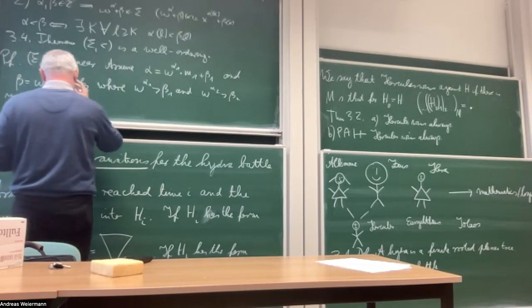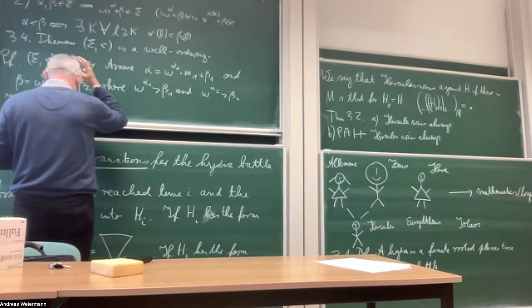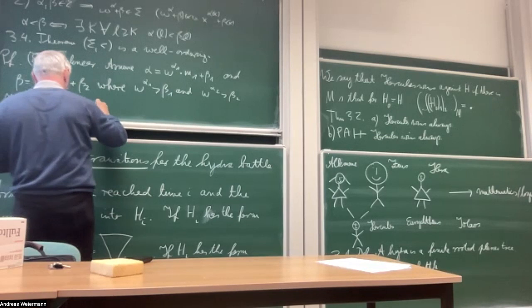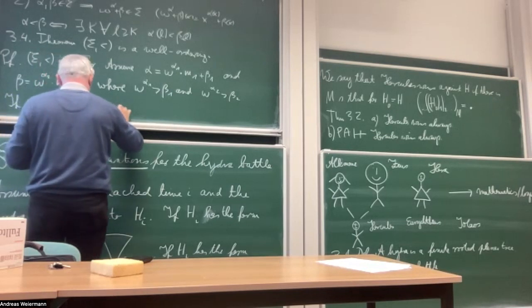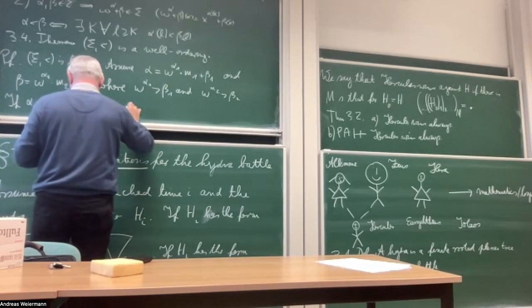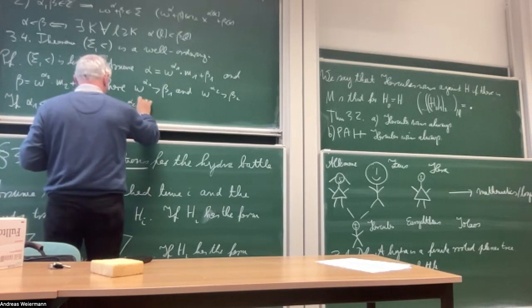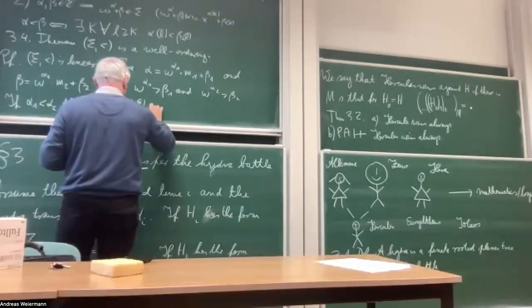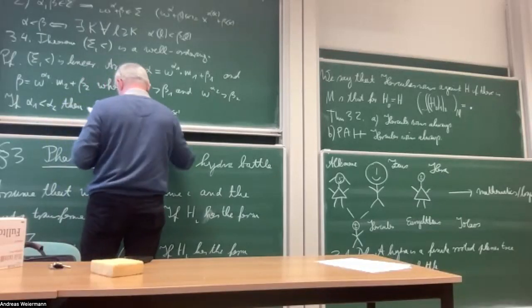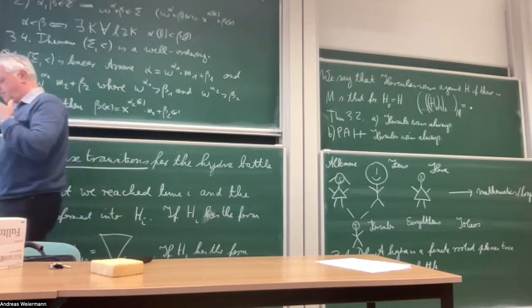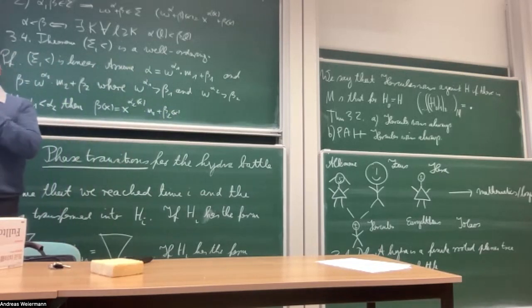Well, beta of x is x to the alpha 2 of x times m2 plus beta 2 of x.